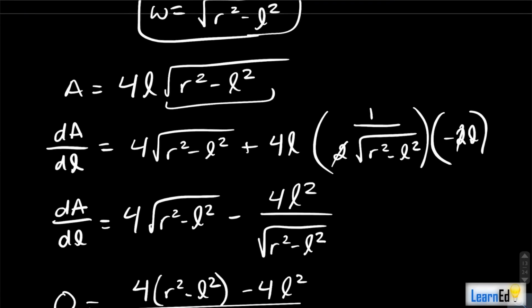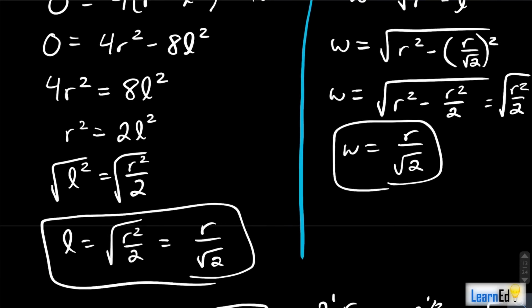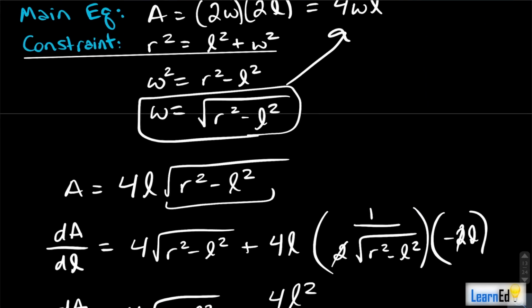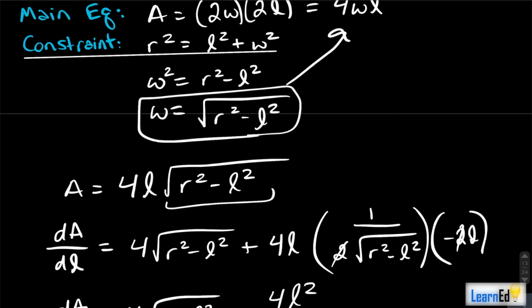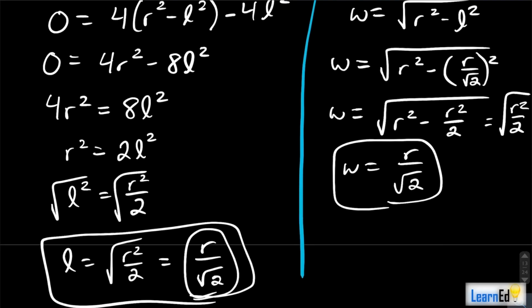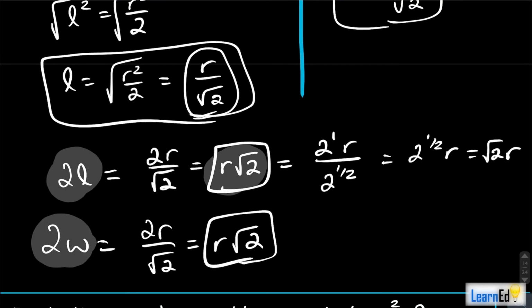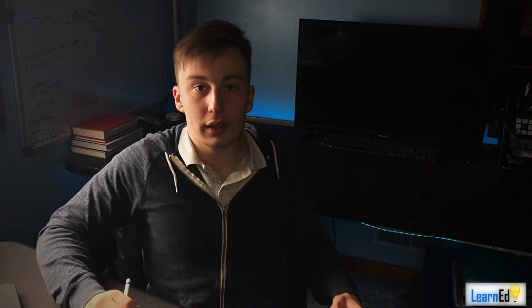Taking a derivative with respect to L, we were able to find L in terms of R, and then we used that in the equation that we found when we solved the Pythagorean theorem for W, and we got what W was. And of course we had to remember to correct what our original length and width was, which is r rad 2.